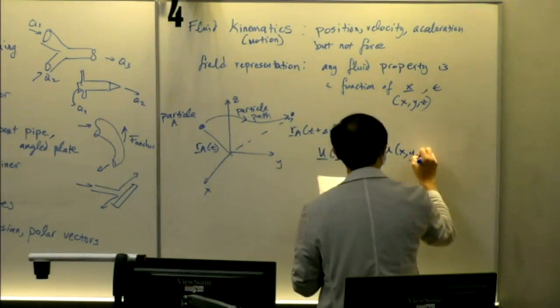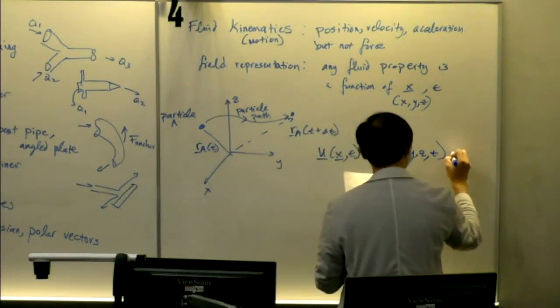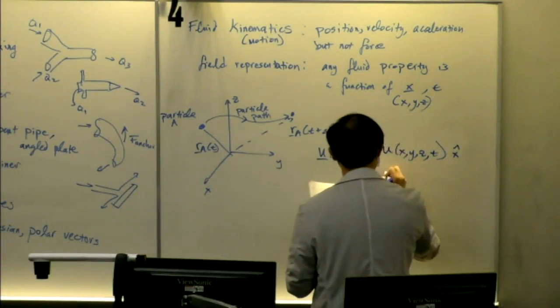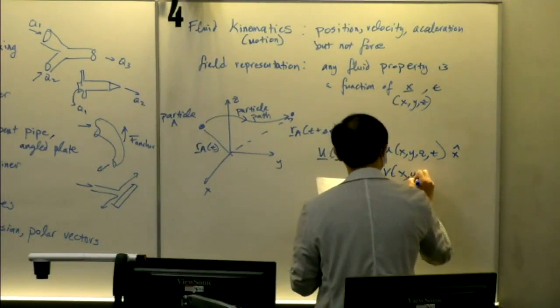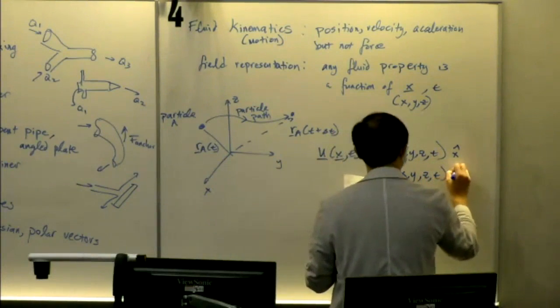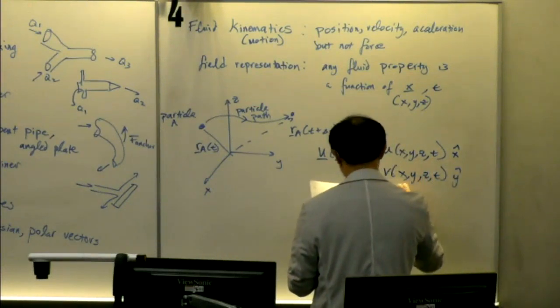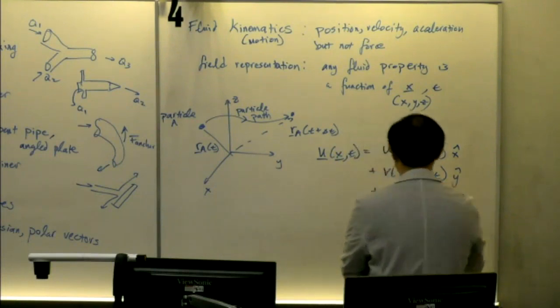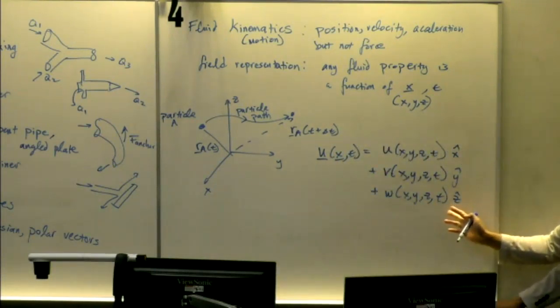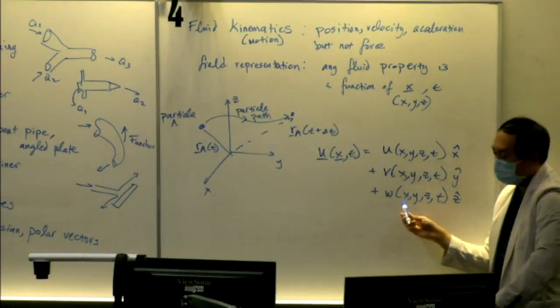And to write that out in more detail, the x component is going to look like this, and then the y component, the v, is also going to be a function of x, y, z, and t times y hat, plus w. You can see why we're using this vector notation, because this is incredibly cumbersome to write out. But that is in fact how stuff changes.